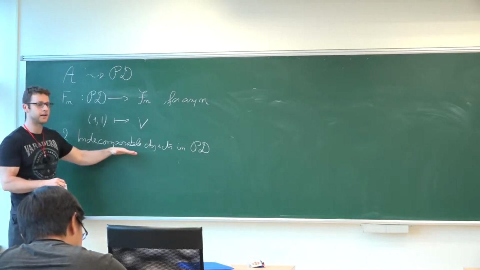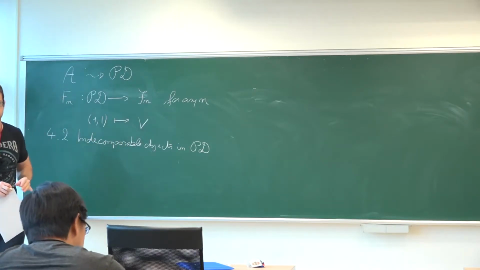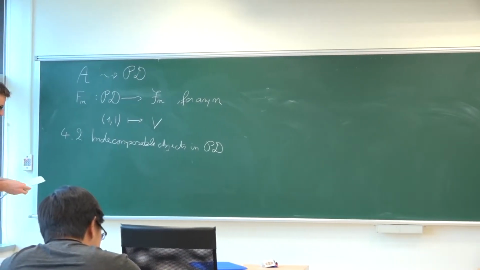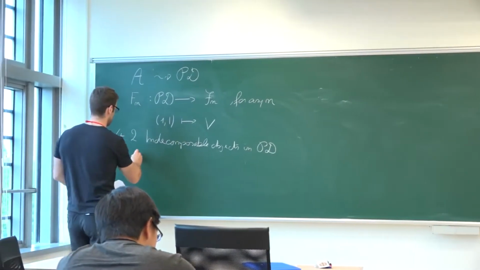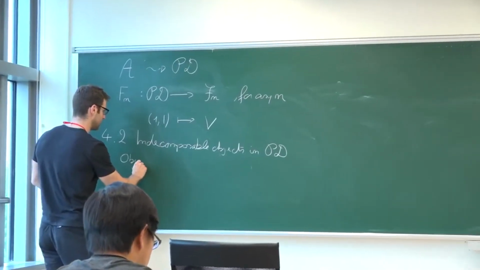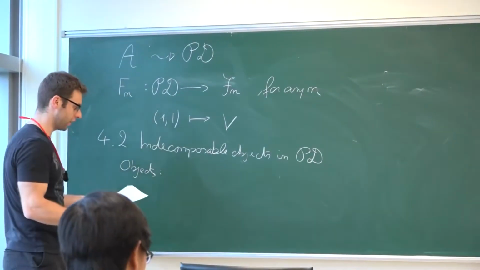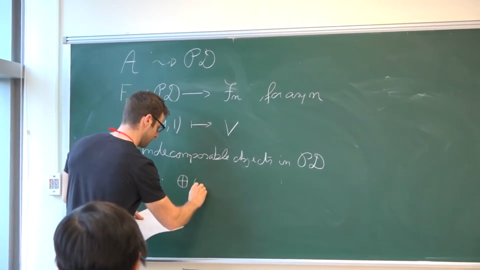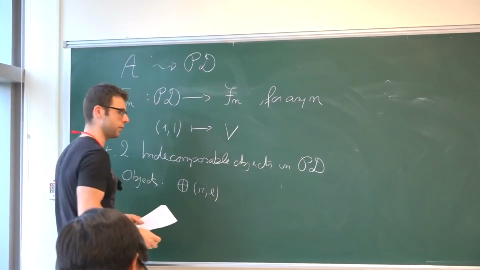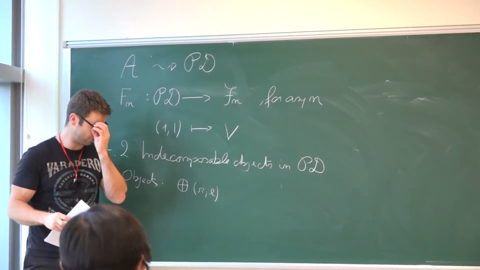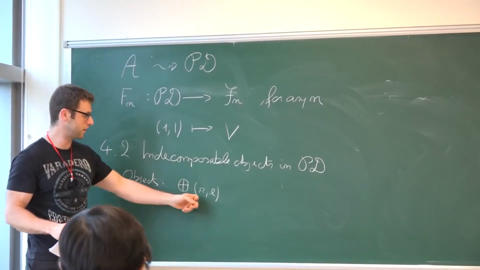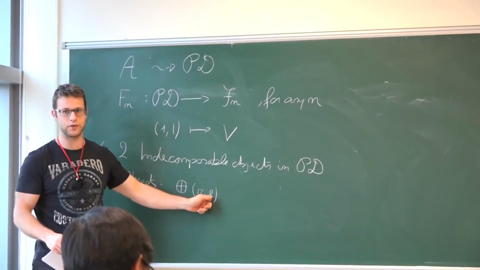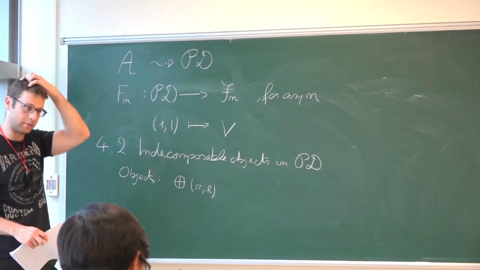So we start by classifying the indecomposable objects in the linear category. In general, we saw objects isomorphic to objects of this form, some formal direct sum of objects given by integers and idempotents in the corresponding paraplectic Brouwer algebra.